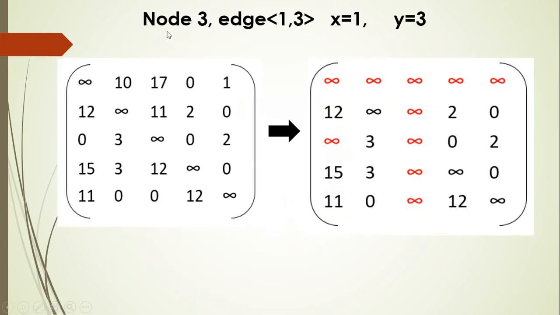Now let's see node 3. For node 3, the edge is 1 to 3. So x is equal to 1 and y is equal to 3. So take this reduced cost matrix. Again, do the first row and third column infinity. 3 to 1 is infinity.